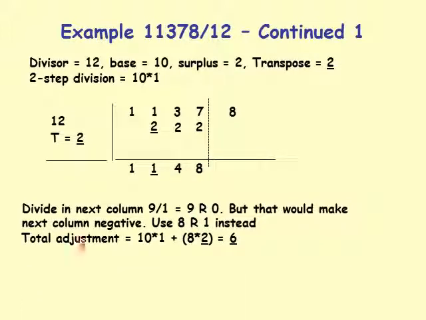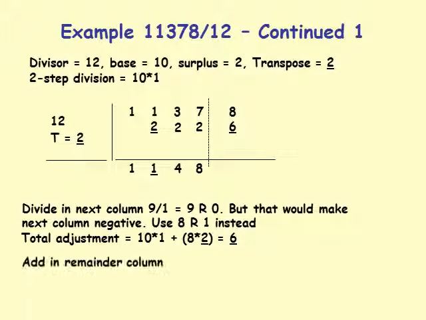The adjustment due to the remainder is 10 times 1, and 8 times negative 2 is the adjustment due to the quotient and the transpose. So 10 minus 16 is a negative 6. So we got negative 6 here.